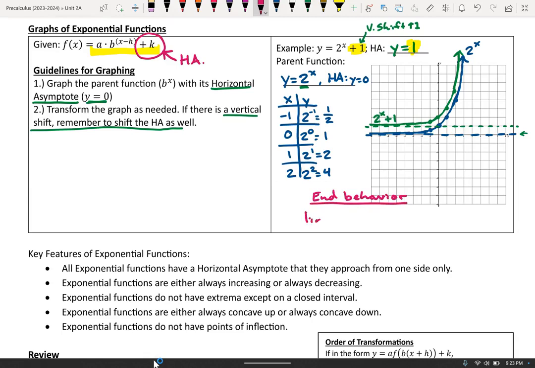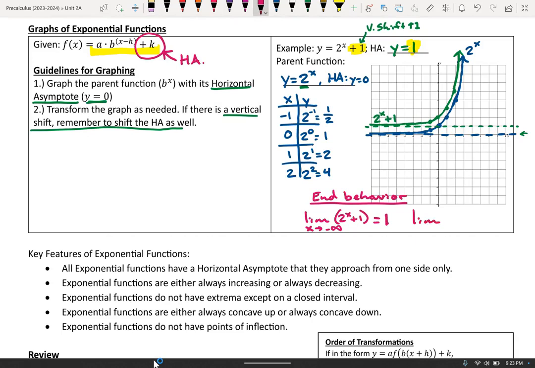And so that would be the limit as x approaches -infinity of, and I'll go ahead and just do the 2 to the x plus 1. As I approach -infinity, we approach that horizontal asymptote, so that'd be equal to +1.